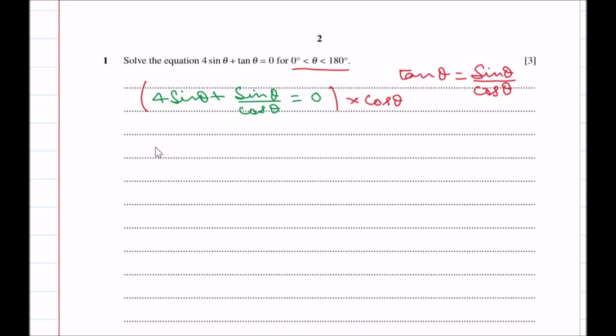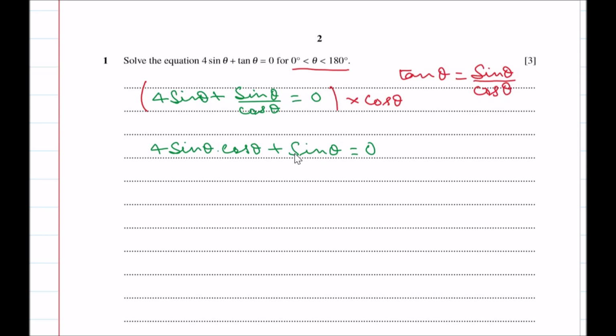So if we multiply, we get 4 sin theta cos theta plus, now sin theta by cos theta into cos theta, the cos theta and cos theta will cancel out, so we are left with only sin theta, and that is equal to 0 into cos theta, so 0. We need to multiply each term with cos theta.